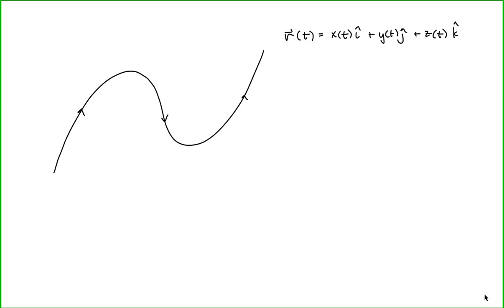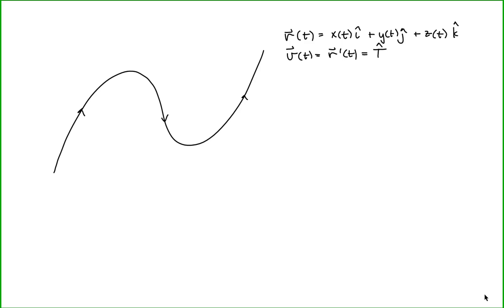We know that the velocity of a curve is equal to the derivative of the position vector with respect to the parameter t. Furthermore, this velocity vector is always tangent to our curve at any point.